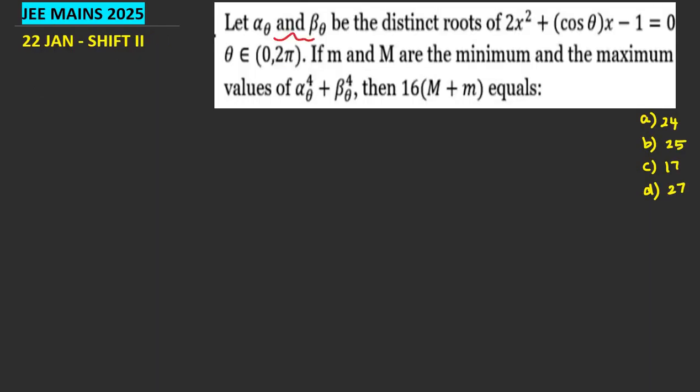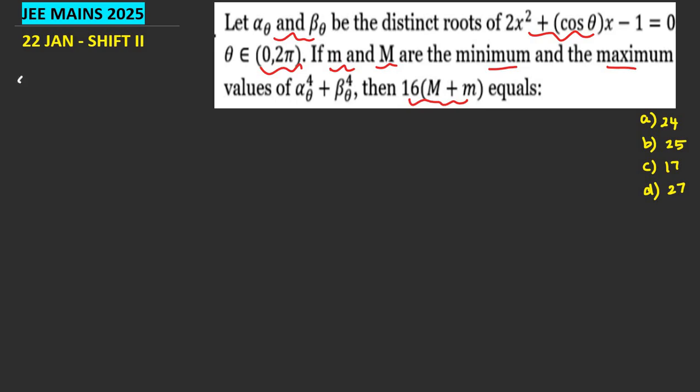Alpha and beta are the roots of the given equation. Theta lies in the open interval 0 to 2π, and M and m denote the maximum and minimum values of α⁴ + β⁴. Then 16 times the maximum plus the minimum value is equal to dash.